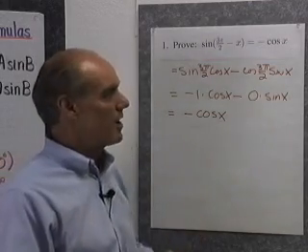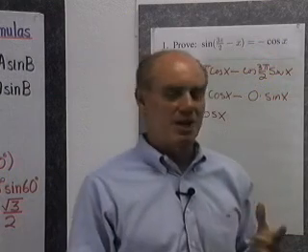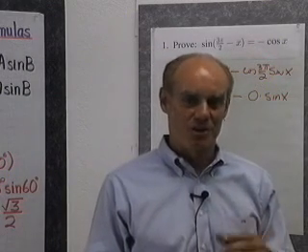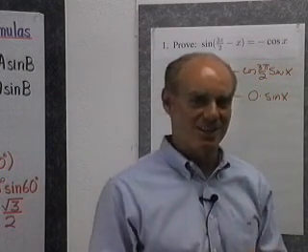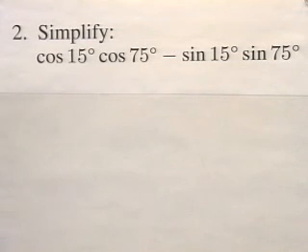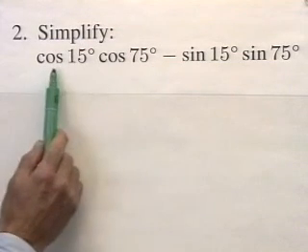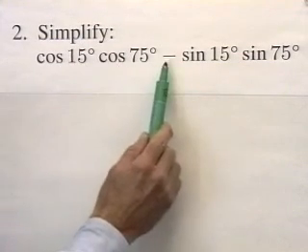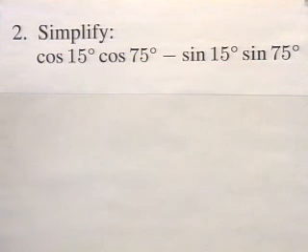Now let's go to the next problem, which is also an application of the formula for the sine or cosine of a sum or difference. Problem number 2, we want to simplify cosine 15, cosine 75 minus sine 15, sine 75.